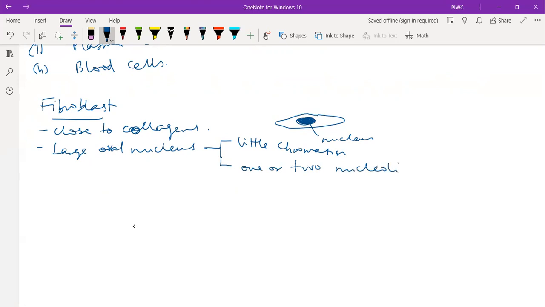And the cytoplasm doesn't have granules in it, and it may pass into fine elongated branching processes, except during mitosis when the cell becomes rounded.